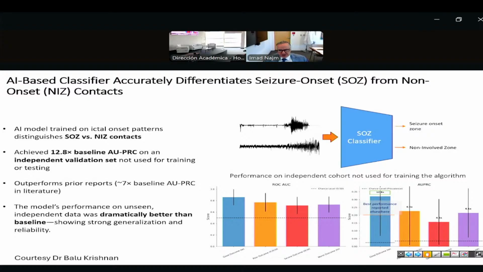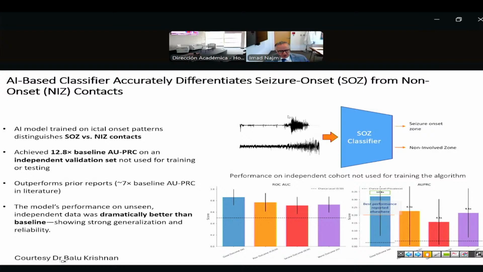And that showed a very significant reliability and generalization. The point here, sometimes if we see a pattern like this, we always ask the question: are these two, the electrodes, the ictal onset? Is one of them the ictal onset? If so, which one is it? These are the biggest questions that we have when we, by design, map networks.